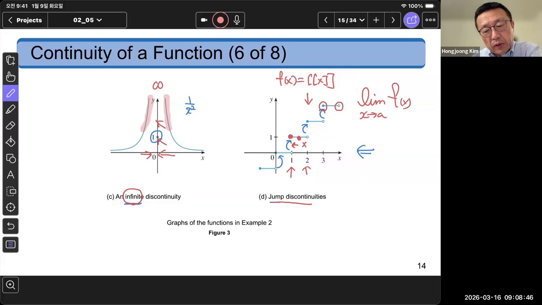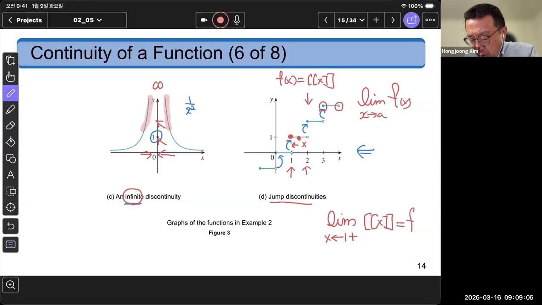I mean, the limit of this function as x approaches the value 1 from the right equals the value of this function at 1.